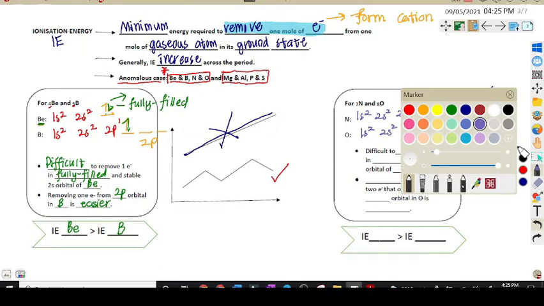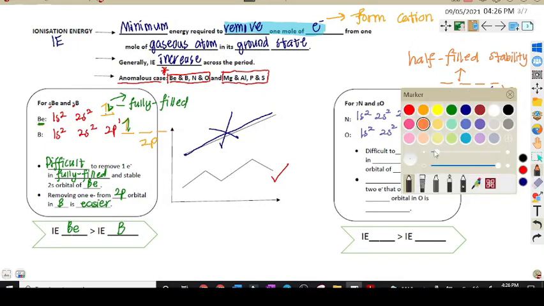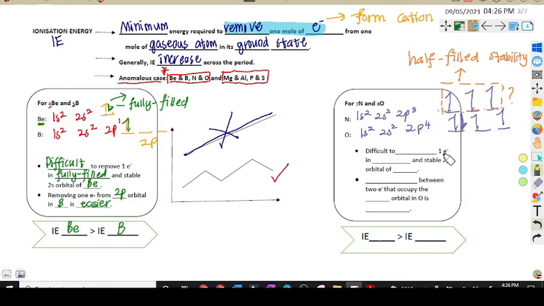So now tell me, what kind of stability is this? The 2p3 in nitrogen has half-filled stability. But what about the stability in oxygen? No, it doesn't have any stability. Remember that we've only got 2 kinds of stability, which are fully filled and half-filled.